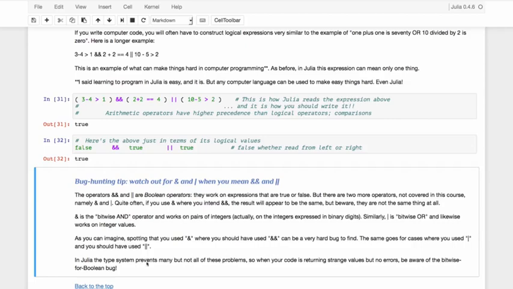In Julia, there is a strong type system, very detailed, which will usually detect that you're attempting to use, let's say, a bitwise operator on a Boolean value and warn you, and vice versa, but unfortunately not always. When your code is running and you get strange values but not actual error messages, one of the possibilities is that you've committed the bitwise for Boolean bug.